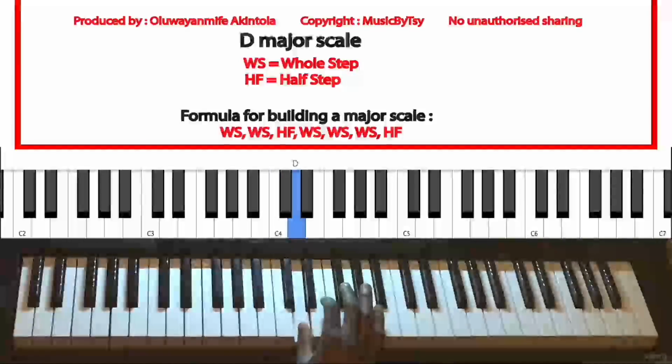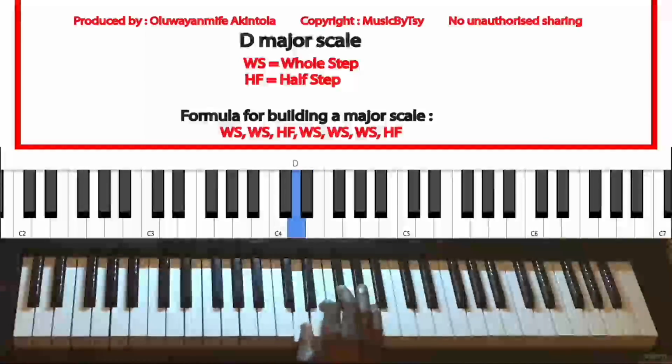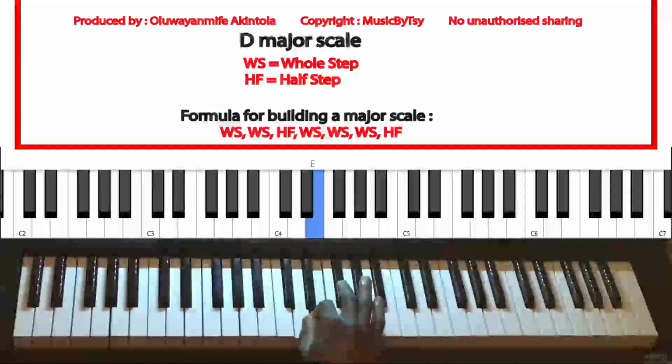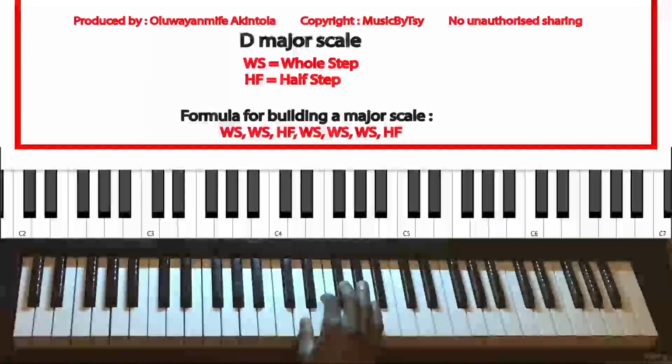If I move from one key to another key and I skip a key in between, then that means I've moved up by a whole step. So for example, if I move from the key of D to the key of E, I've skipped the key of E flat in between, so that means that I've moved up by a whole step. See that?